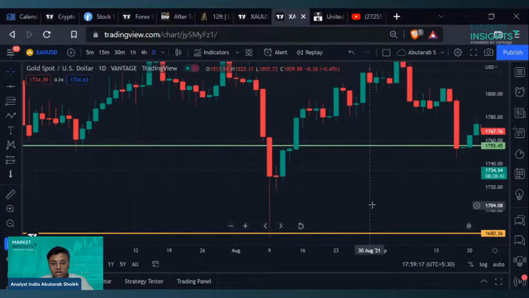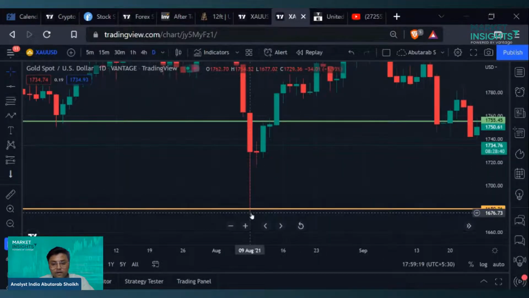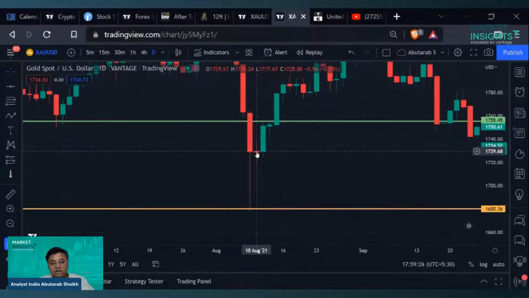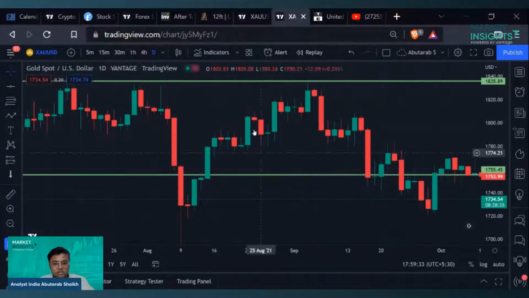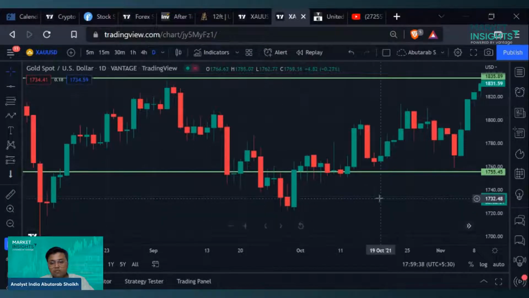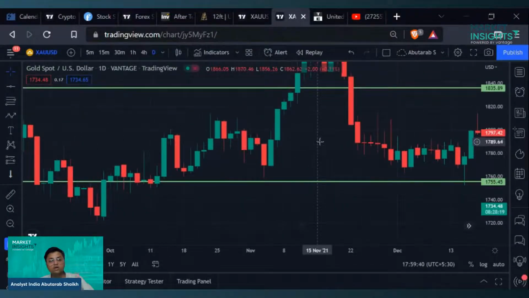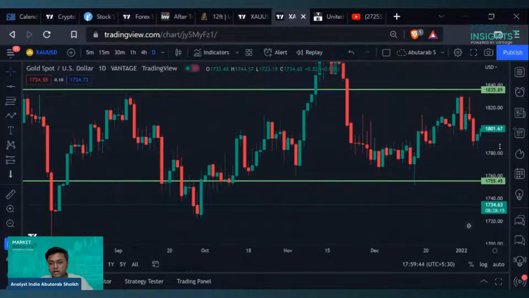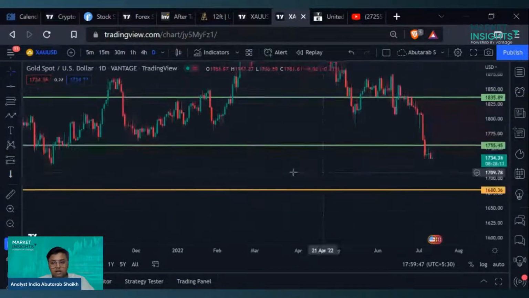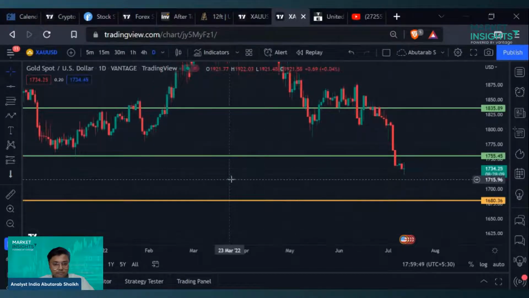Now it broke down from here, but its low was this point, 1680 only, and then it covered back up. It went back into this range. Movement is obviously going to create new supports and resistance levels, and this is how it is acting currently.